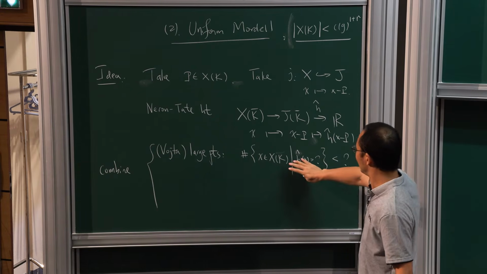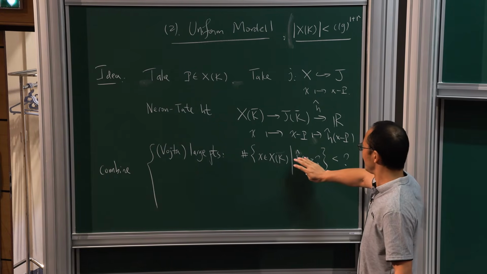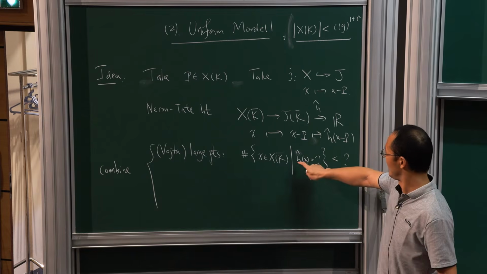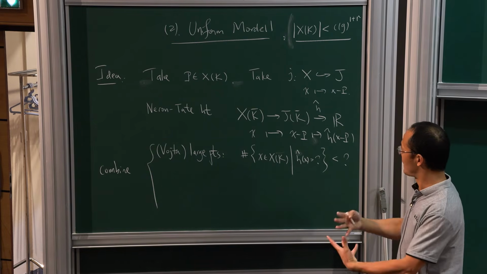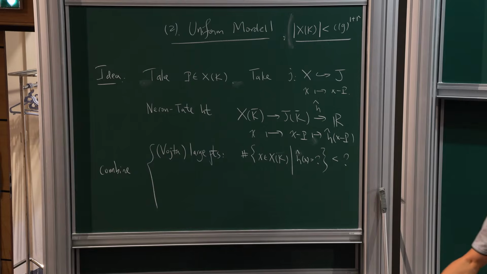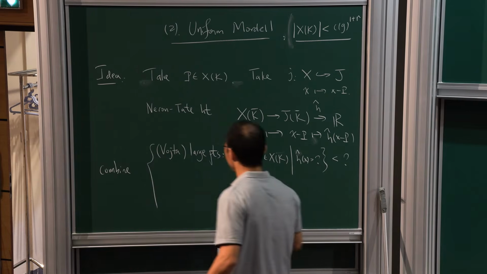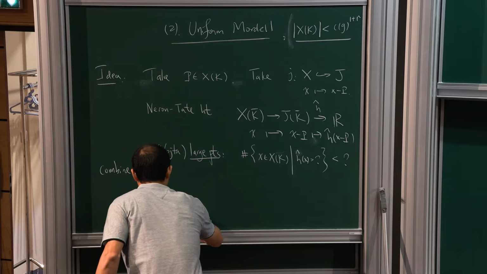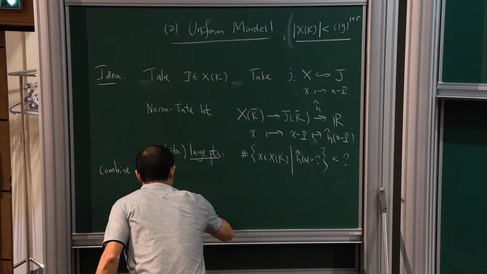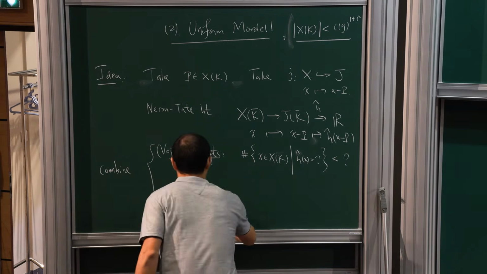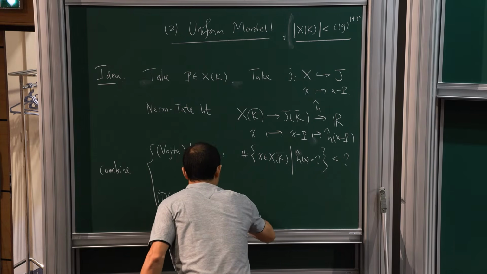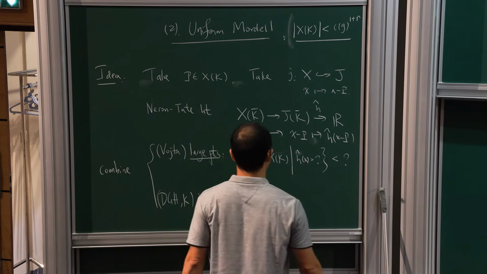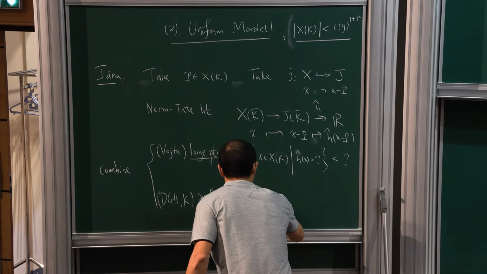And this implies the Mordell conjecture, because when the height is small, there are only finitely many such points by this Northcott property. So this is for large points. And then for the small points, this is DGH and Kühne.